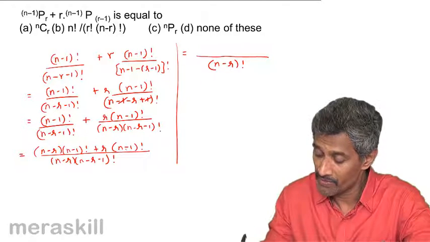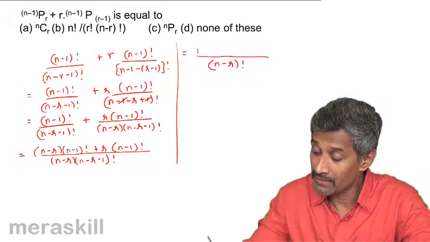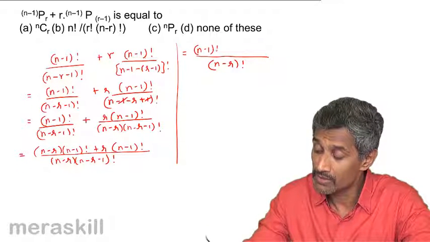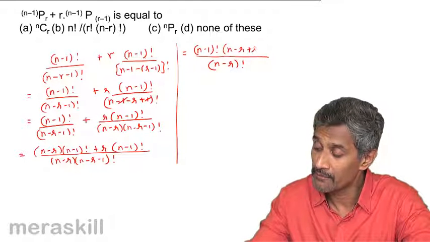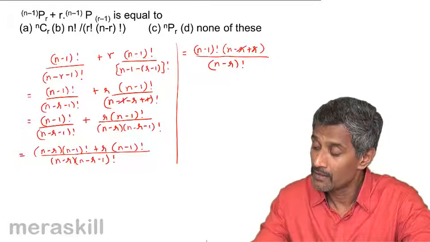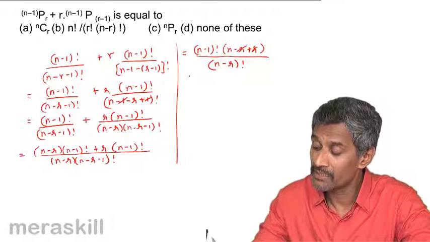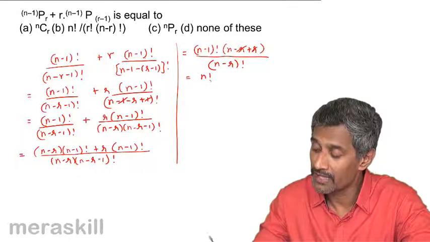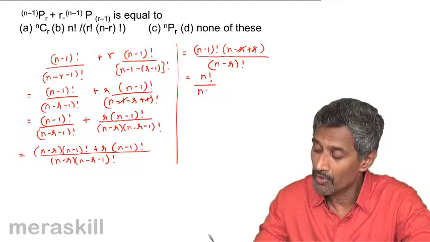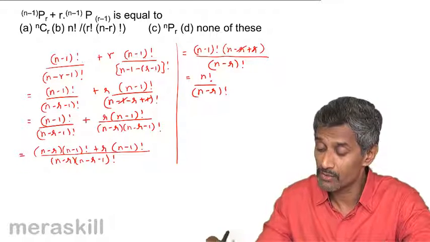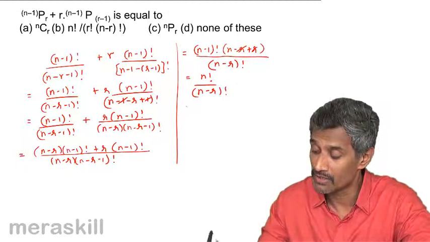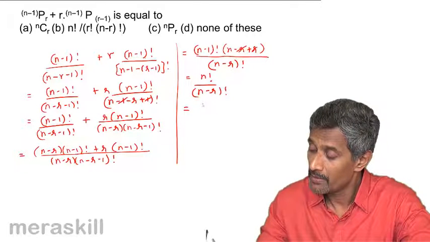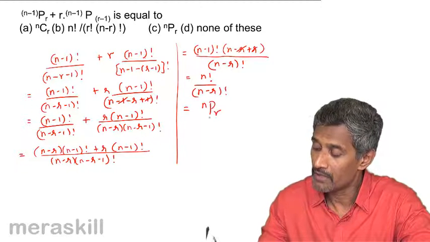So we get this. Here we can take (n minus 1) factorial as a common term, and inside you get n minus r plus r, which will be n into (n minus 1) factorial, which is nothing but n factorial upon (n minus r) factorial. So ultimately this whole thing works out to n factorial upon (n minus r) factorial, which is nothing but nPr.